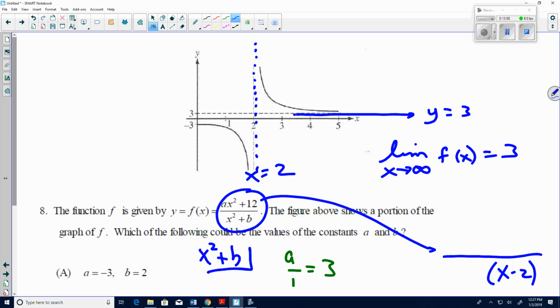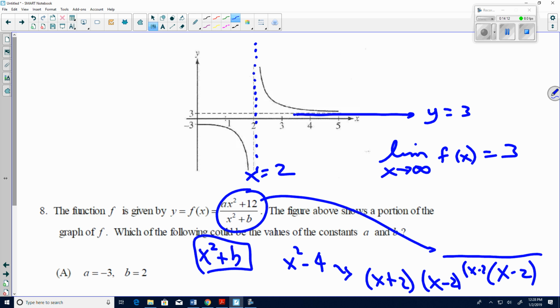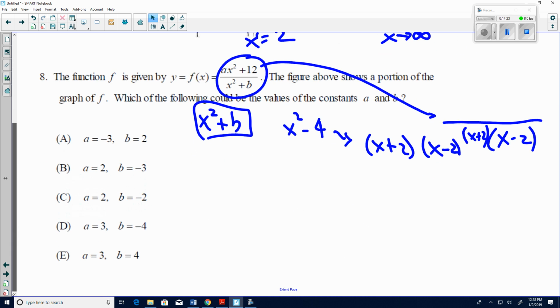Let's think about it for a little bit. If b were negative 4, so if this were x squared minus 4, then it would factor as x plus 2, x minus 2, and we would have the correct expression in the denominator, x plus 2, x minus 2. Okay, so it looks like b has got to be negative 4, and in fact that is the correct answer. And so a is 3, b is negative 4.